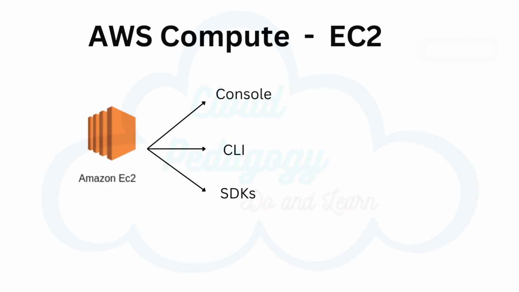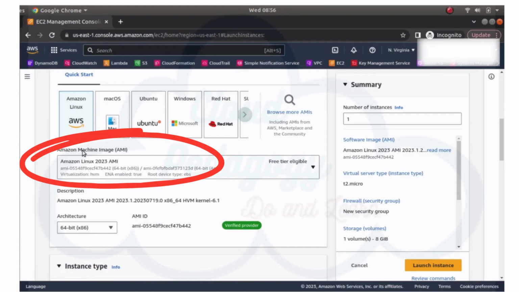You can create and manage these instances through the AWS Management Console, the AWS Command Line Interface, or AWS Software Development Kits, or through automation tools and infrastructure orchestration services. For example, when launching an EC2 instance, the first setting you configure is which operating system you want by selecting an Amazon Machine Image.